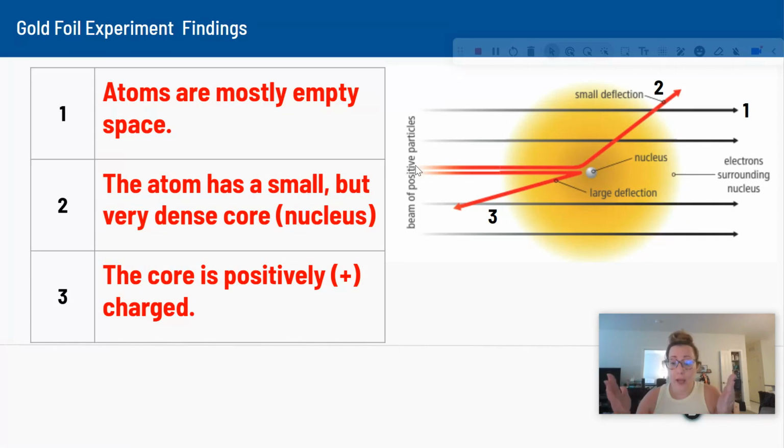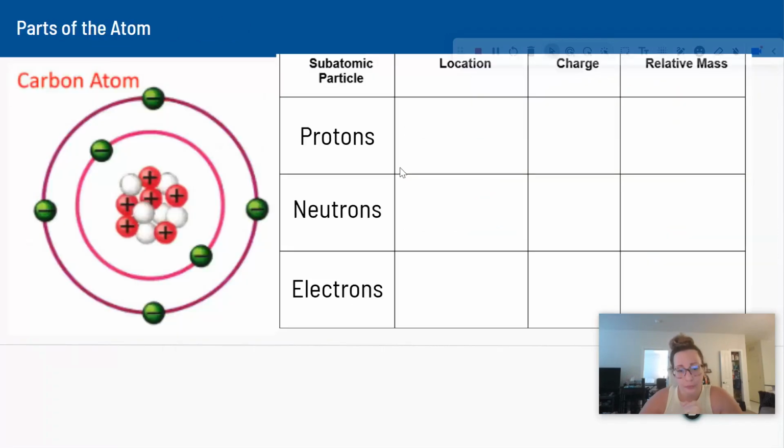That's because if you think of a magnet, opposites attract and they connect. And similar charges actually repel and push apart. So when these positive alpha particles went to the center, because they had similar charges, they were actually repelled back to where they came from. So that's how we know that the center, the nucleus, is actually positive.